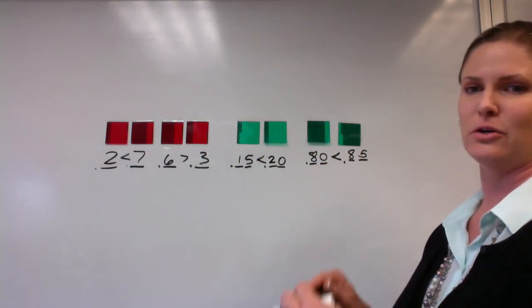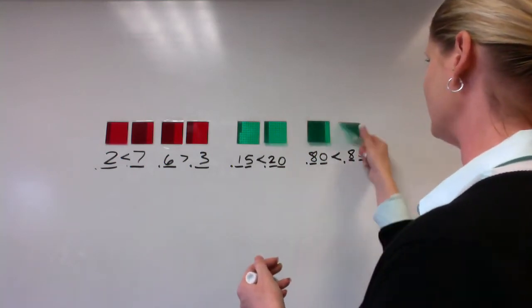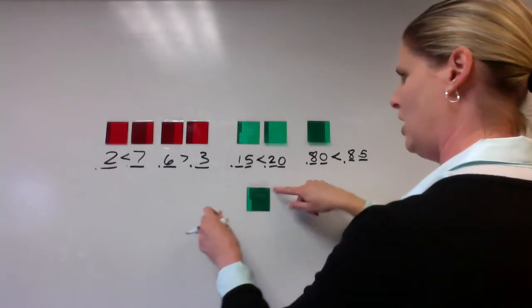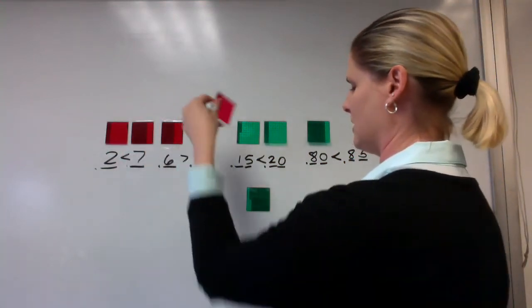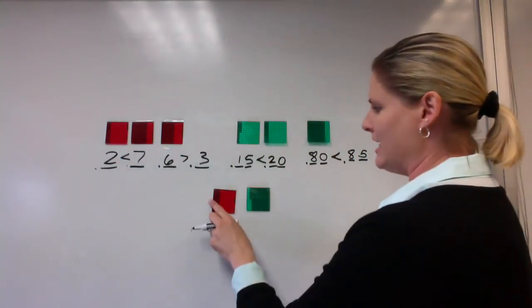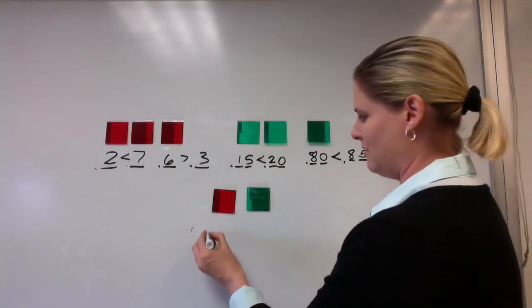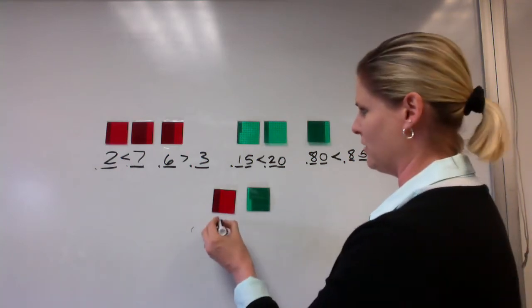What happens if we compare the tenths with the hundredths? Let's take this one, and I'll take this one next to it. In this case, I'm dealing with the tenths. I have 3 rods colored in, so it'd be 3/10.